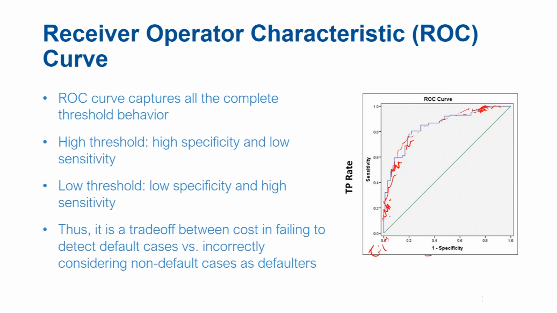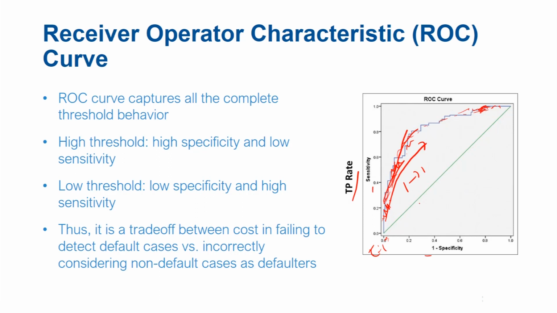For example, if I increase the threshold value in this region, notice how sharply, because the curve is very steep in its slope, my true positive rate or sensitivity of the model increases. That means my ability to classify ones correctly as ones increases very sharply.